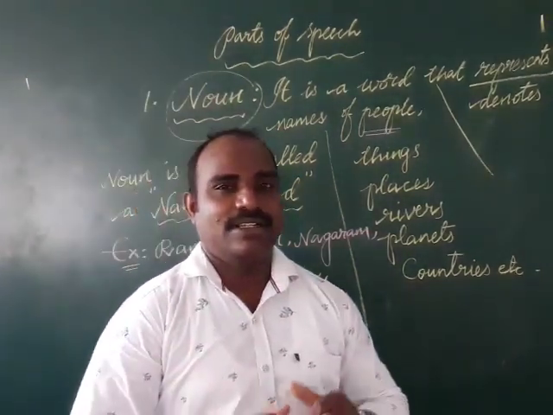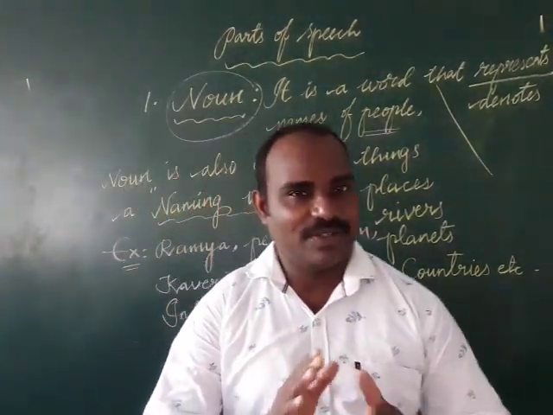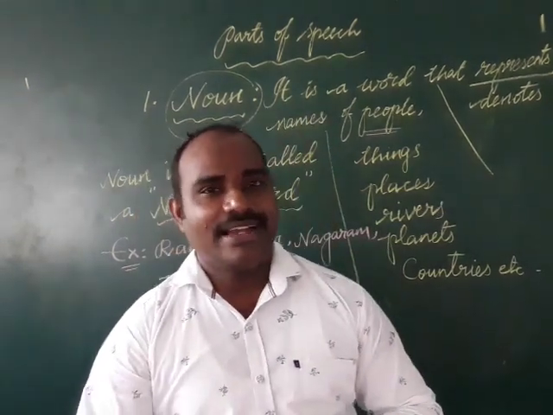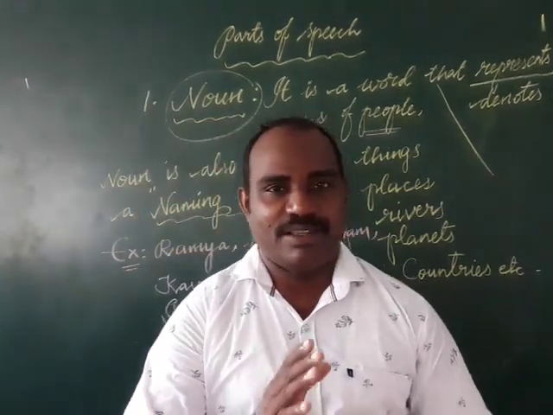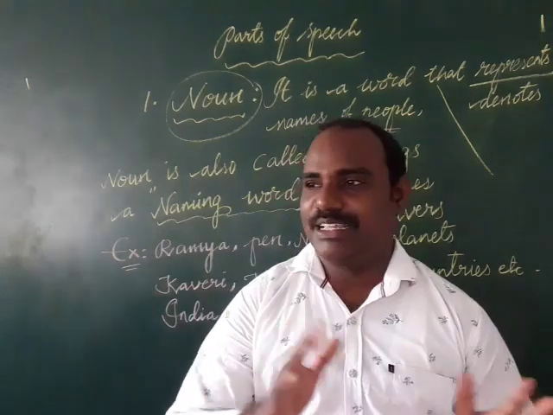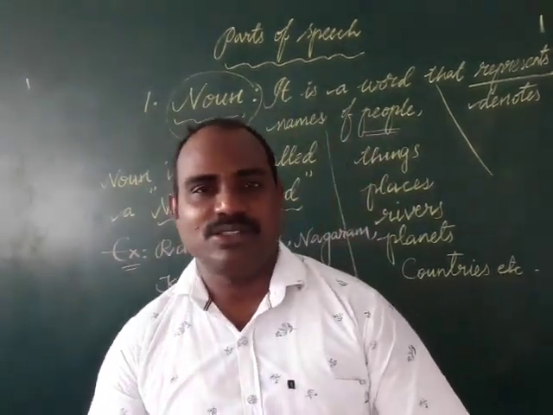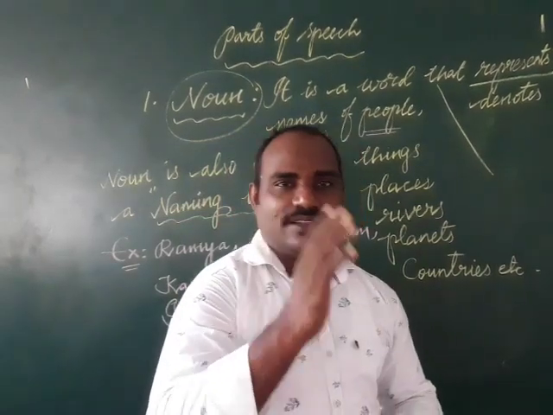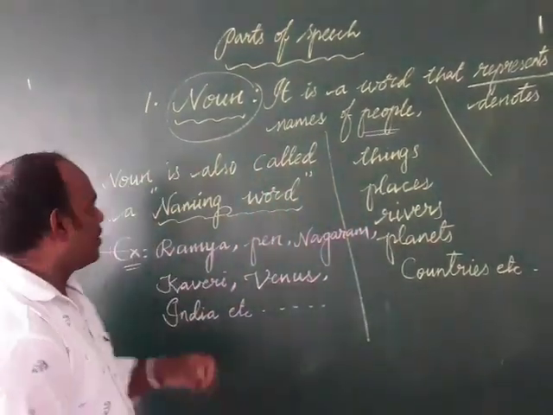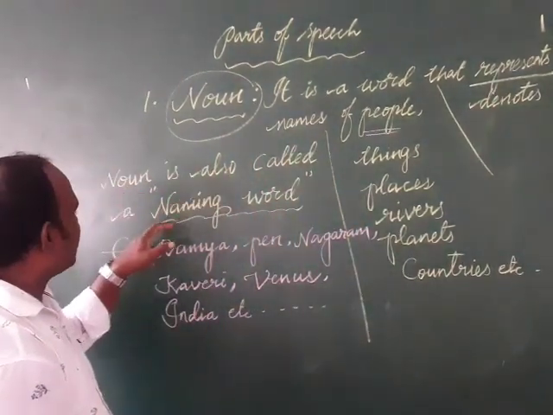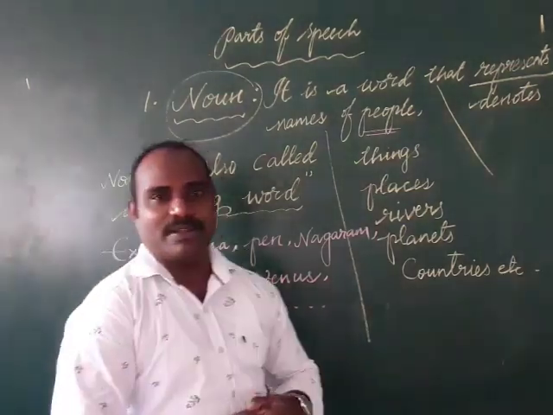Noun is a word and one of the parts of speech, and it talks about names: names of people, names of things, names of rivers, names of canals, names of bridges. All the names are called nouns. That's why we also call noun a naming word.